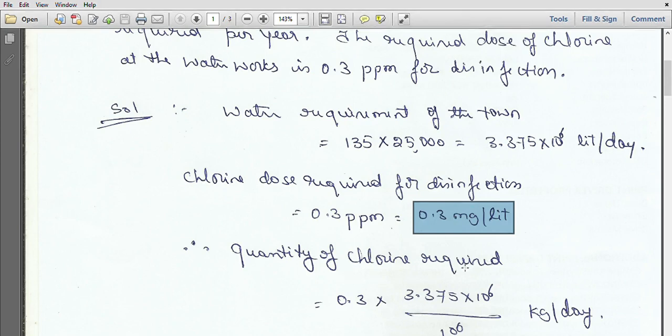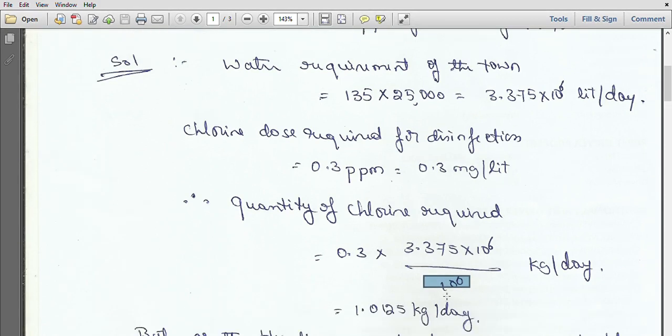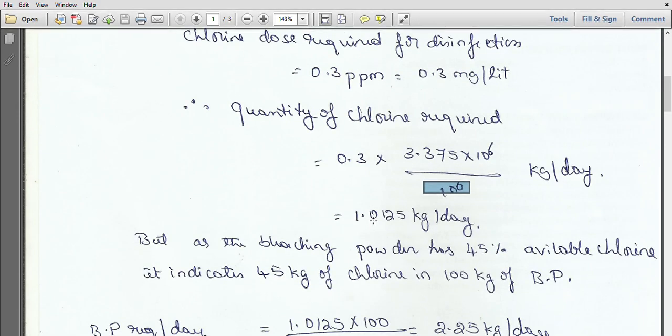That is 0.3 into 3.375 into 10 raised to 6 divided by 10 raised to 6, to convert milligram to kg. So you will have 1.0125 kg per day. This is the chlorine required for one day.